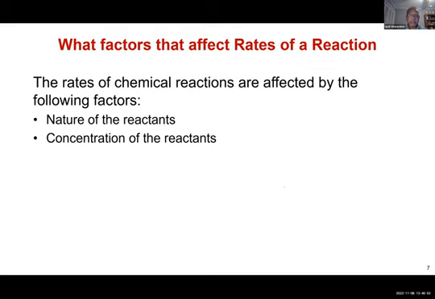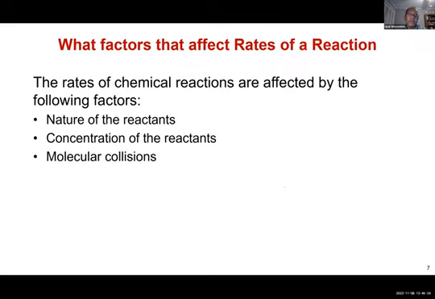Concentration of the reactants: in the previous graph, you saw that the rate was higher at the beginning. The concentration of reactants is higher at the beginning and gets lower as the reaction goes on.